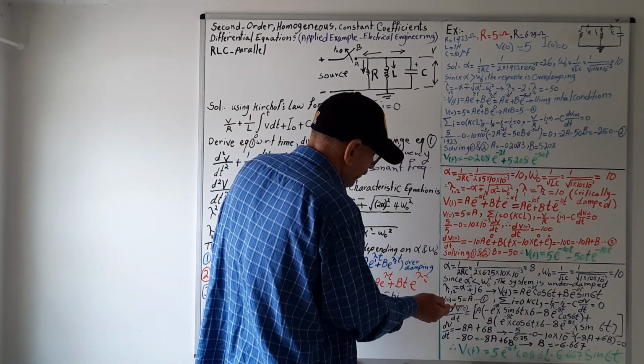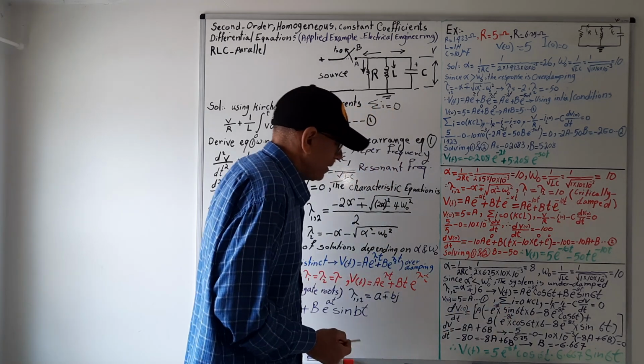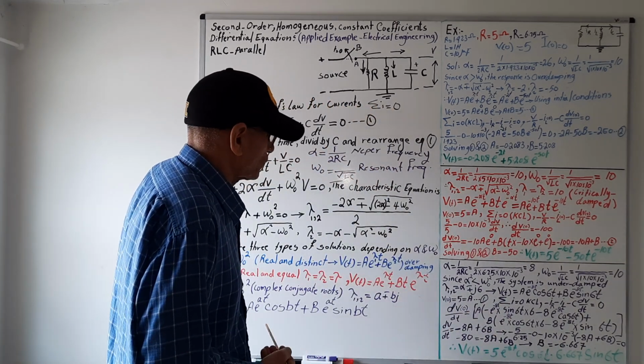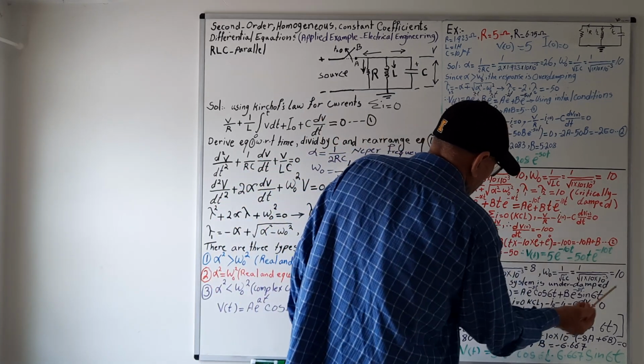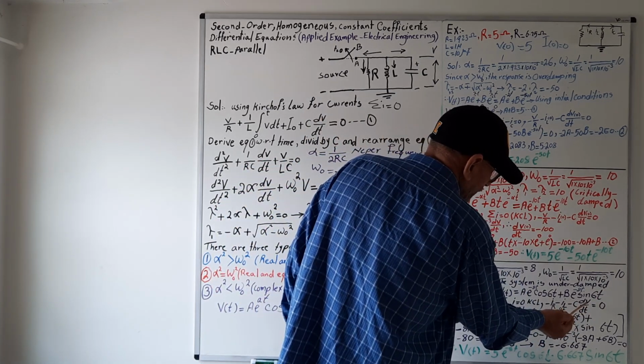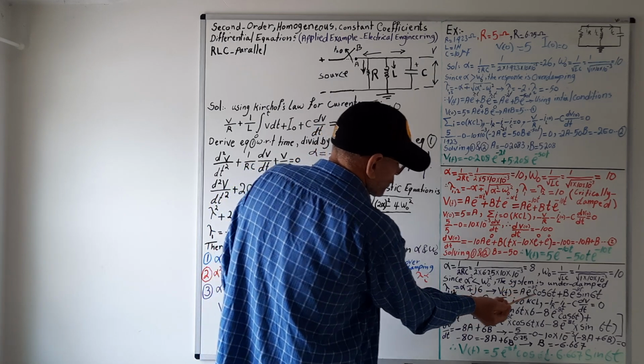So A equal 5, and again the summation of currents equals 0, Kirchhoff's current law, and then we find dV over dt from this equation.